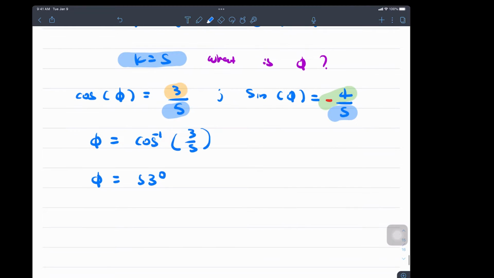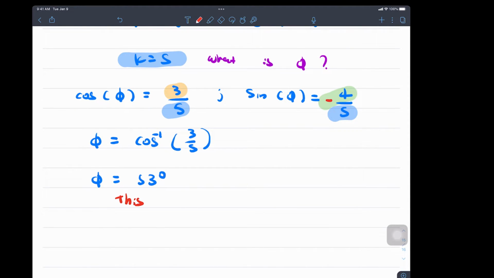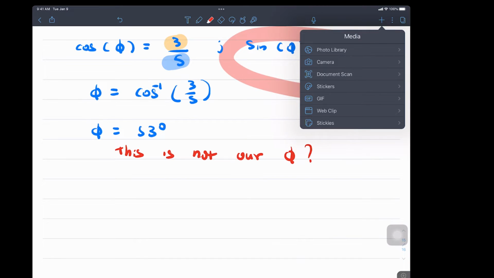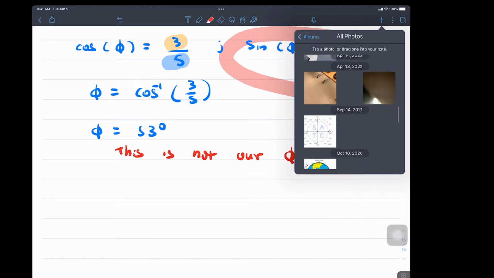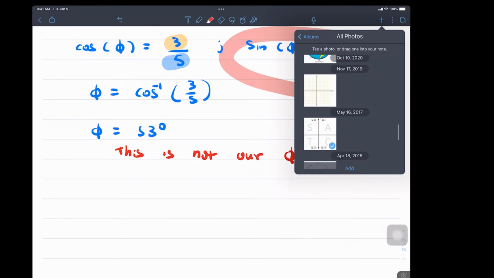You see, this is not the phi. I'm going to write this down. This is not our phi. Does anybody know why? Yes, let's find out where phi is. Let's find the picture. You guys remember that? I spent all this time on this picture. Since I spent all this time on it, we might as well use it, right?